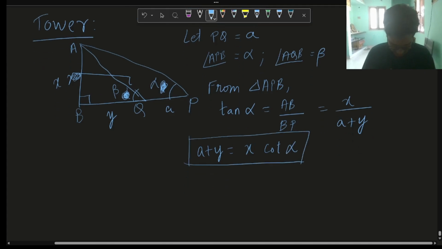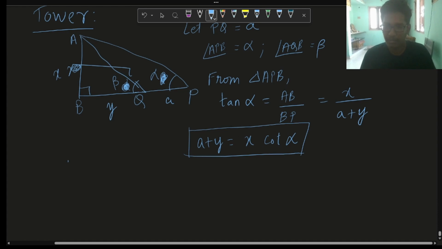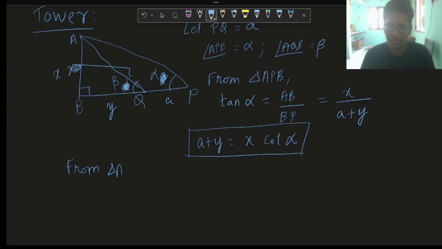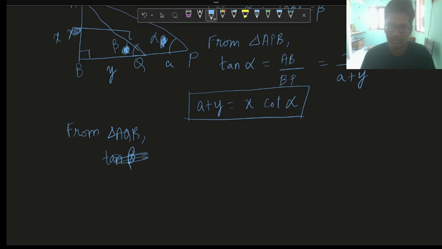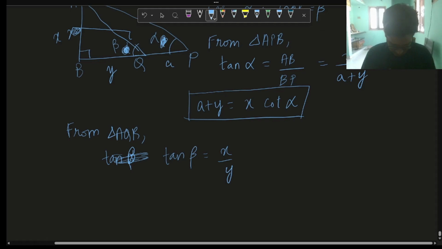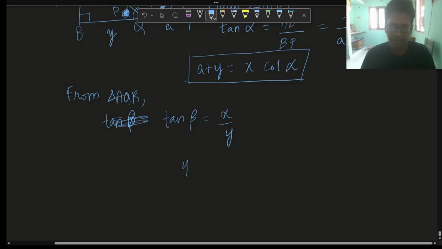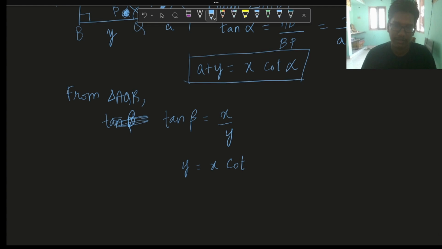Let's keep it aside. And then in the same way from another triangle, which is AQB, we can get tan beta as X by Y. So X by Y is nothing but tan beta, which means we can write Y is equal to X cot beta.